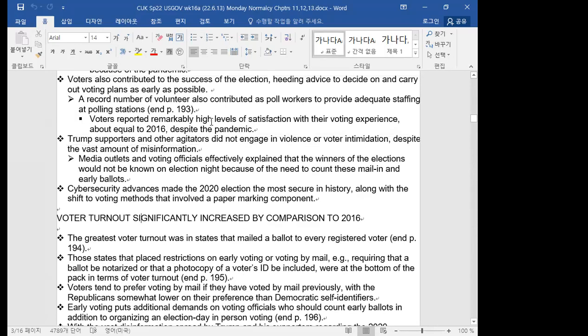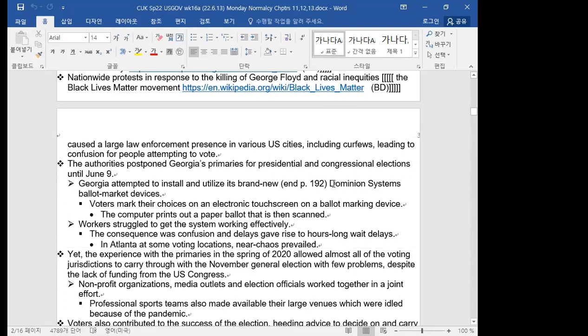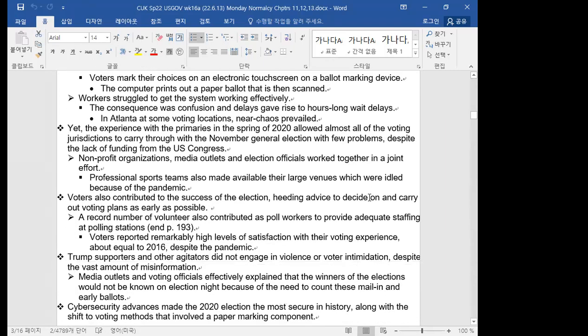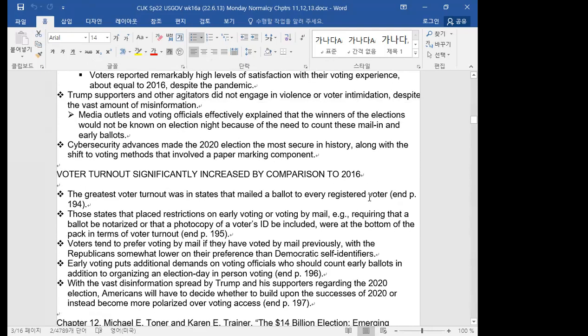So Dominion voting systems have been filing lawsuits against Rudy Giuliani and Sidney Powell, the attorneys that were leading this Trump disinformation campaign through the courts, claiming libel against them, because now everybody is abandoning Dominion systems because they're too controversial. It's the name of the company, Dominion Systems, that produces this electronic voting machinery.